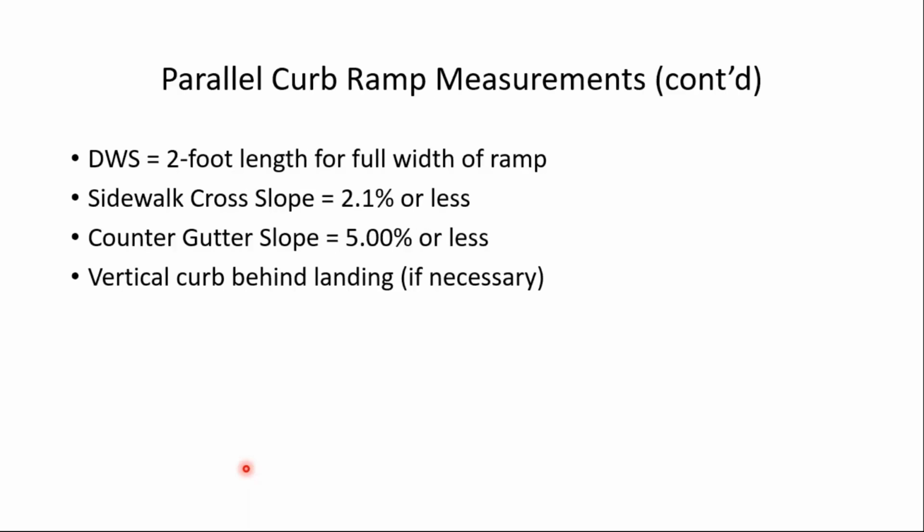As before, a 2-foot length for the full width of the ramp of the detectable warning surface, the truncated domes. Sidewalk cross slope, 2.1% or less. Counter gutter slope, 5% or less. And it's not required in PROWAG. It's going to vary, I think, from site to site, but you may need a vertical curb behind the landing, and we'll look at some examples.